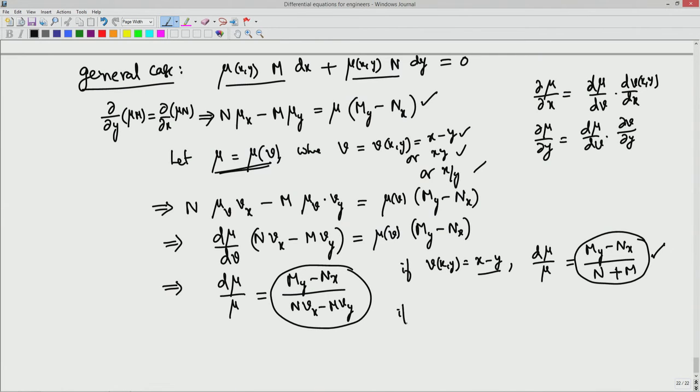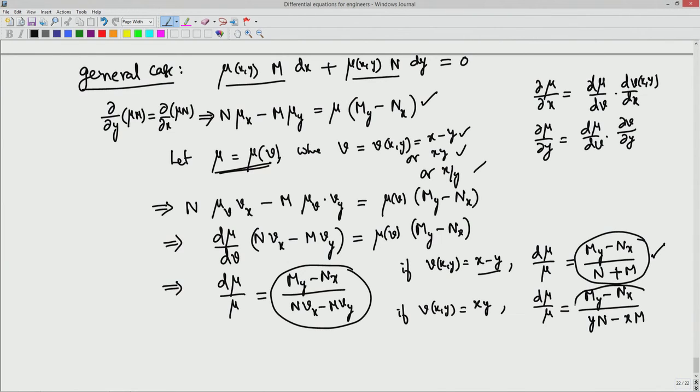So we will see if v of xy is xy. In this case, this equation becomes d mu by mu equal to, numerator is the same, my minus nx, divided by, now n into vx, vx is y, so y into n, and vy is x, so x into m.